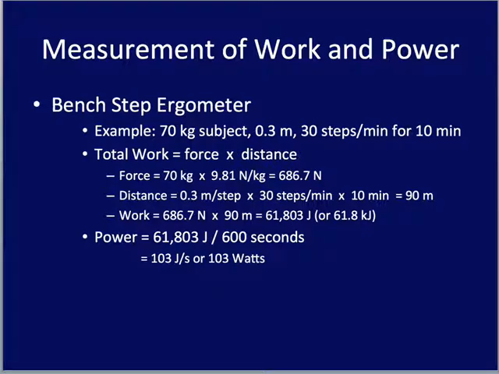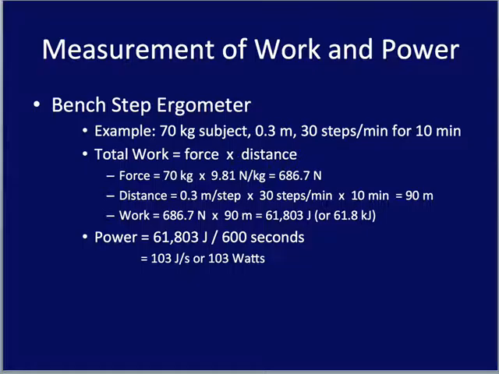So if we want to look at work, again, work equals force times the distance. So the force then, 70 kilograms, and they were actually converting it into newtons. So that's where the 9.81 newtons per kilogram comes from. So for every kilogram, there's 9.81 newtons.